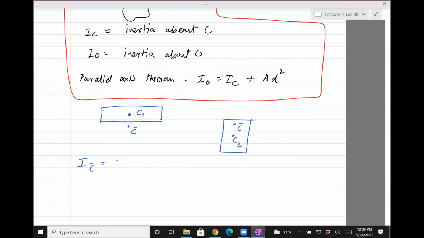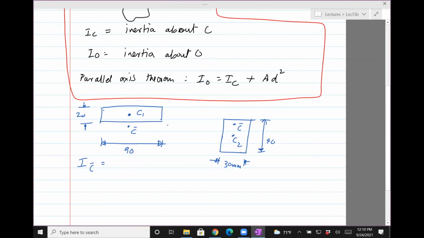So the width of this is 30 mm. The height is 40, and this one is 20 and 90.